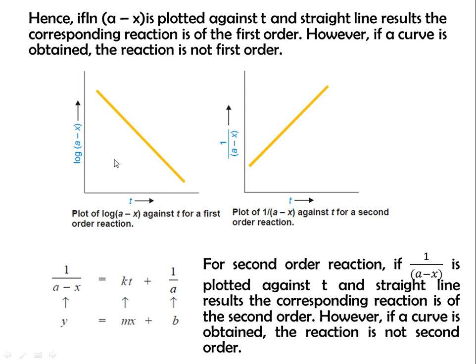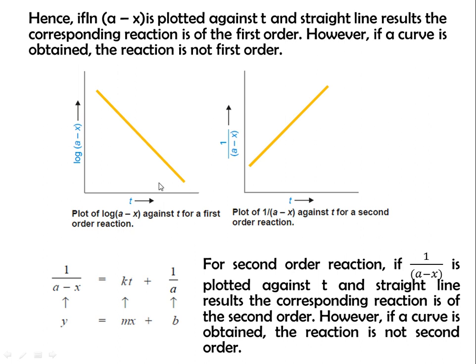So when we obtain data from the experimental study of the reaction, we plot the graph of log a minus x versus t, and if we get a straight line, then we say that the reaction is first order.